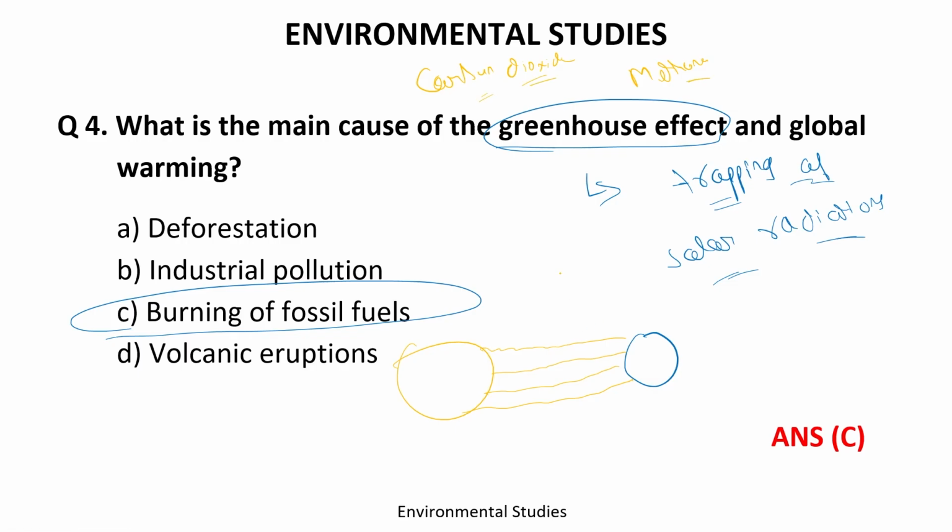These are some greenhouse gases which generally trap these solar radiations and do not allow them to go back to the atmosphere or the sun, which simply means that Earth's normal temperature starts rising up, which gives rise to global warming. So basically, the main cause of this is the burning of fossil fuel.